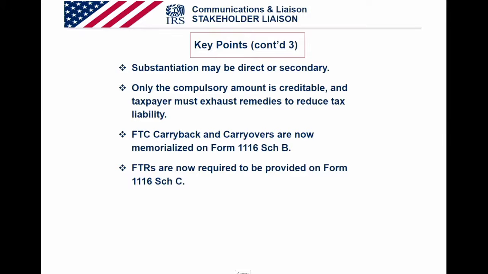Substantiation may be direct or secondary. Only the compulsory amount is creditable, and the taxpayer must exhaust remedies to reduce tax liability. FTC carrybacks and carryovers are now memorialized on Form 1116 Schedule B. FTRs are now required to be provided on Form 1116 Schedule C.